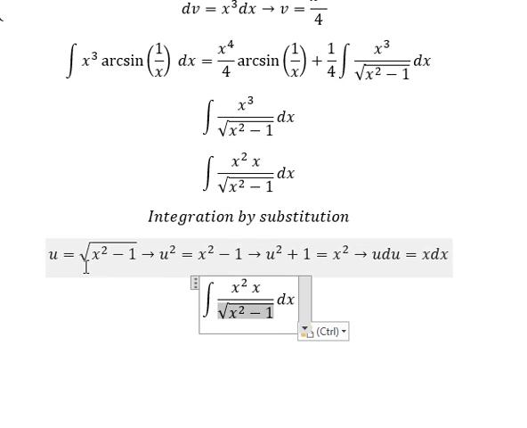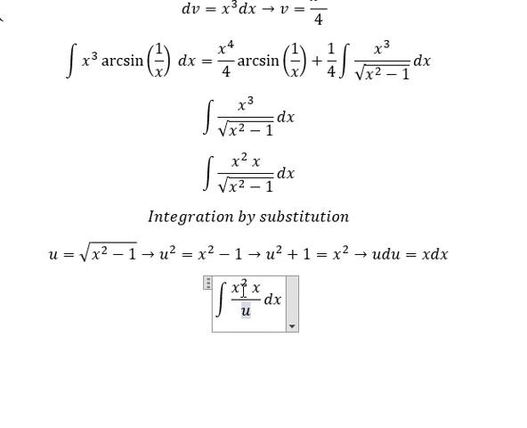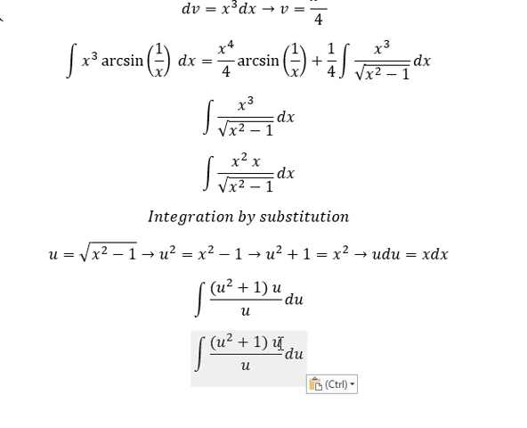So the square root we change to u, s squared we change to this one, s ds we change to u du. And now we simplify u and u.